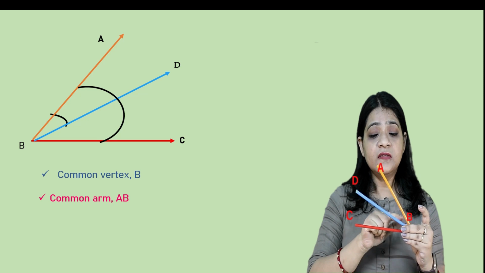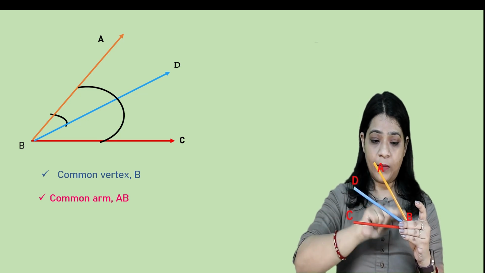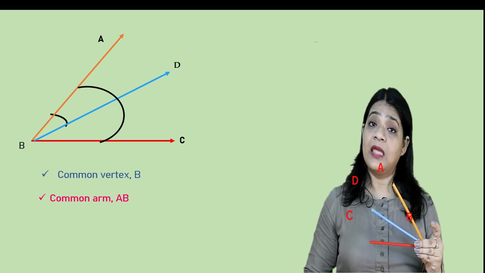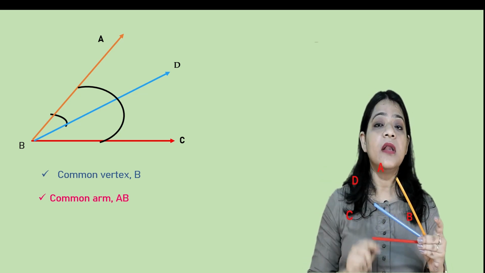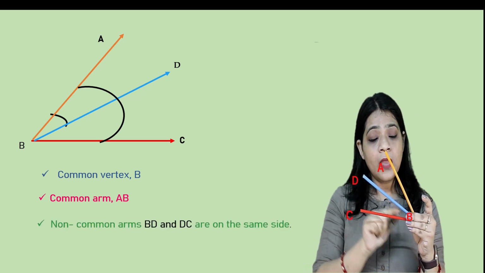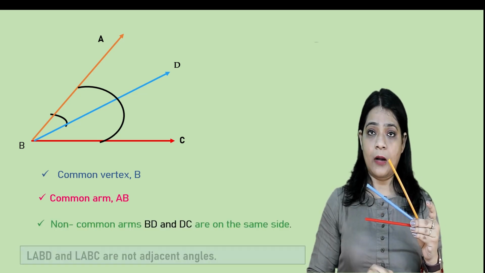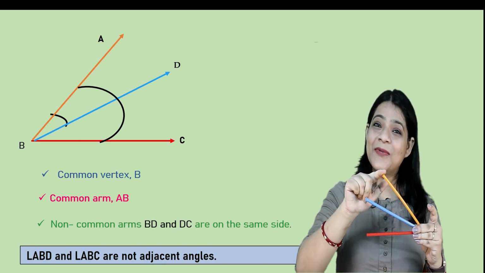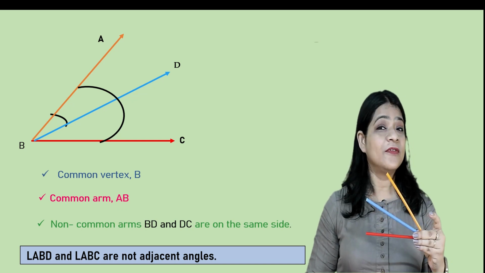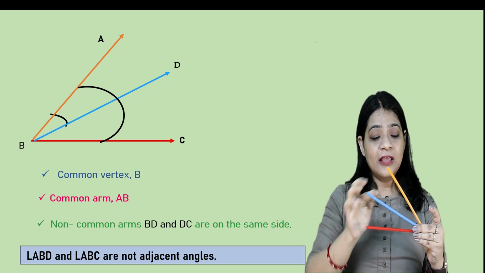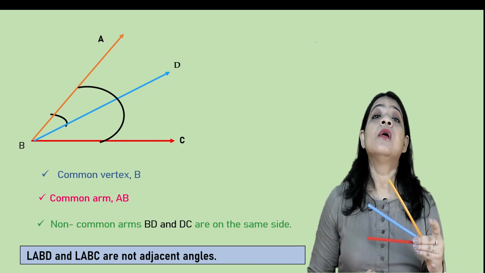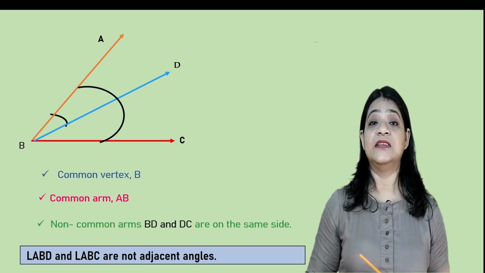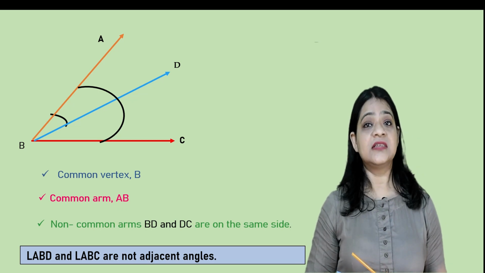The common arm is AB, AB for angle ABD and AB for angle ABC. Now what are the non-common arms? BD is the non-common arm and BC is the non-common arm. Are they lying on the opposite sides of the common arm AB? No, they are lying on the same side. So hence we can say that angle ABC and angle ABD are not adjacent angles.